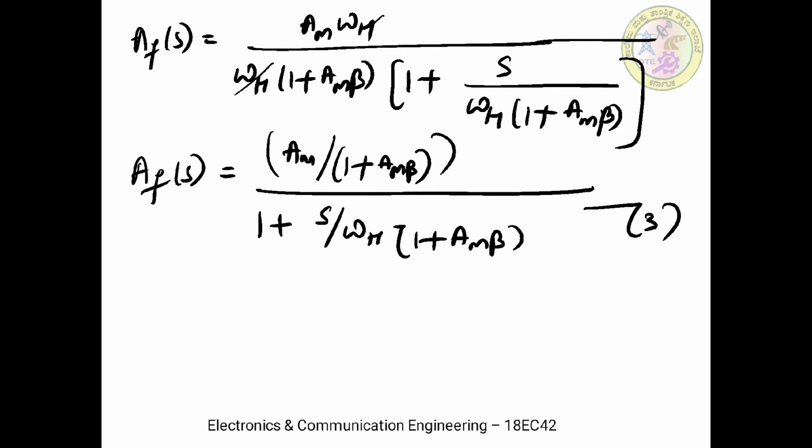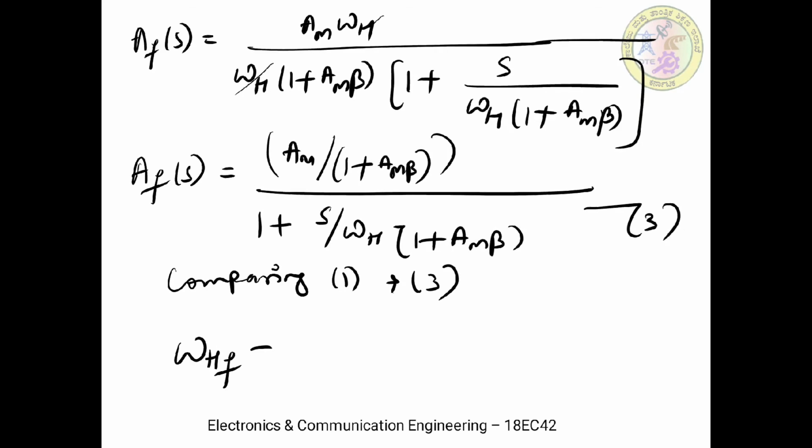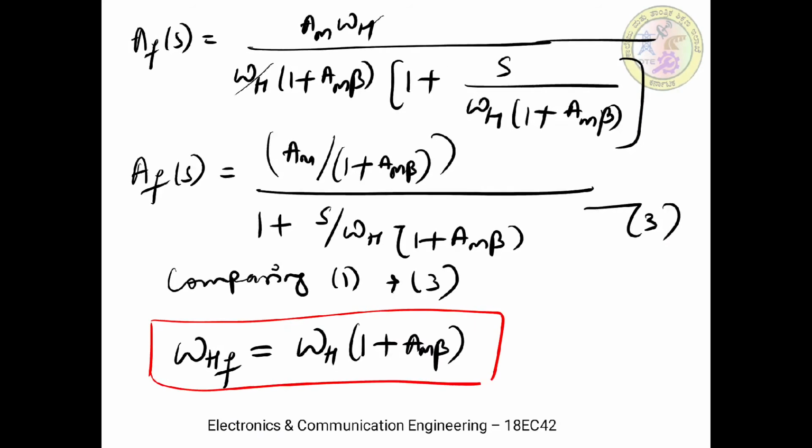So comparing equation 1 and 3, we have this omega HF will be equal to omega H into 1 plus AM beta. Now this is one important relation here, so we will take that as equation 4.